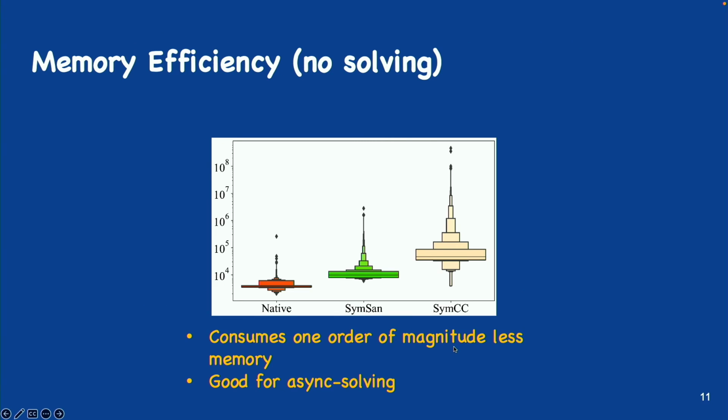Another good thing for SymSAN is that the symbolic expression design is really compact, so it consumes much less memory. According to our results, SymSAN consumes one order of magnitude less memory than SymCC, which is a good thing because with these small memory requirements, we can do asynchronous solving very easily.